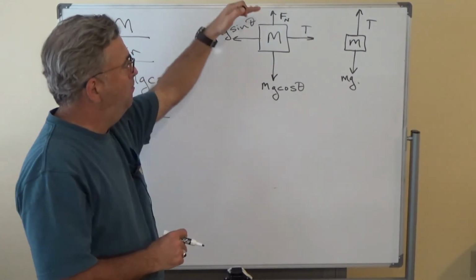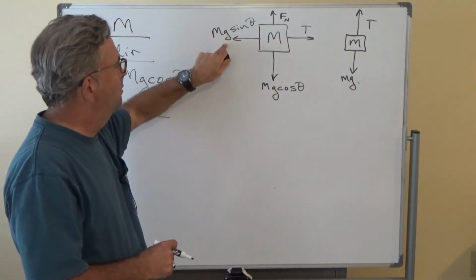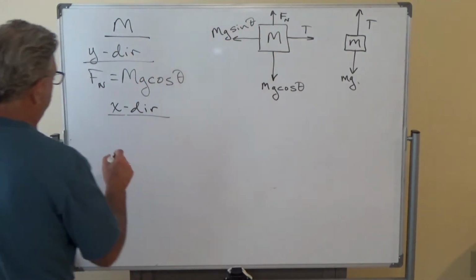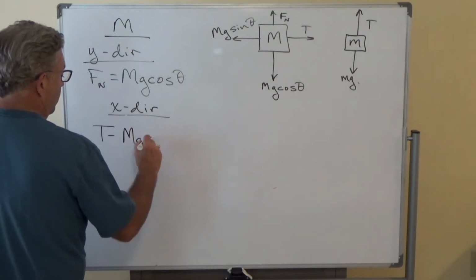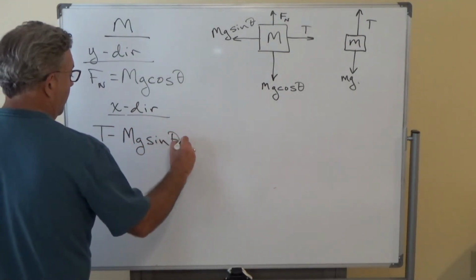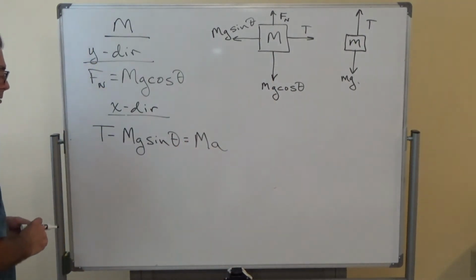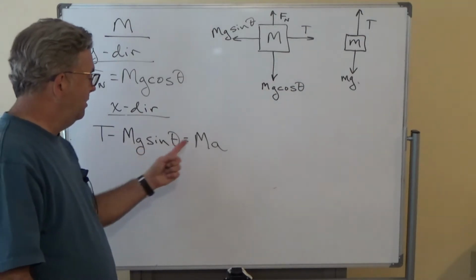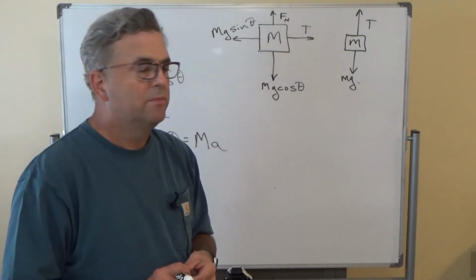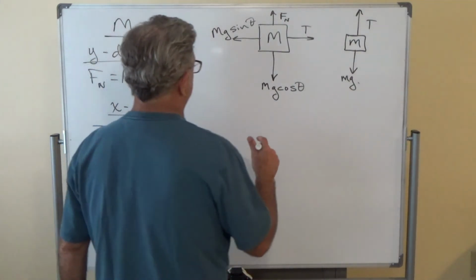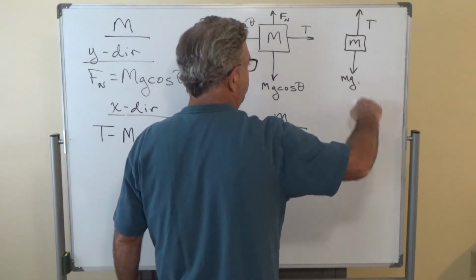I said that up the incline was positive, so I'm going to make this force positive and this force negative. T minus Mg sine theta is equal to big Ma. That's the net force, the mass times the acceleration. For little m, down is positive.